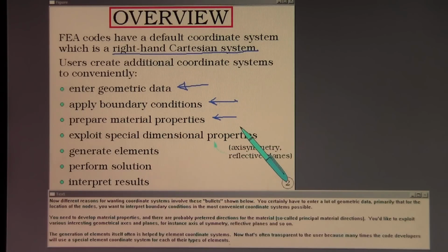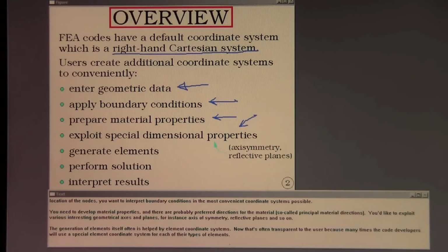You'd like to exploit various interesting geometrical axes and planes, for instance, axes of symmetry, reflective planes, and so on. The generation of elements itself often is helped by element coordinate systems.